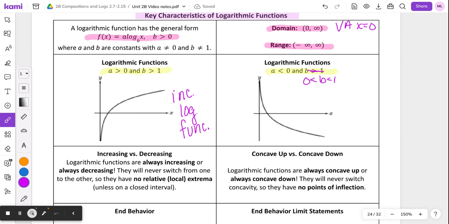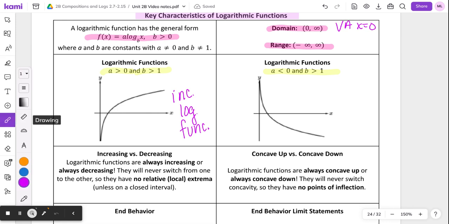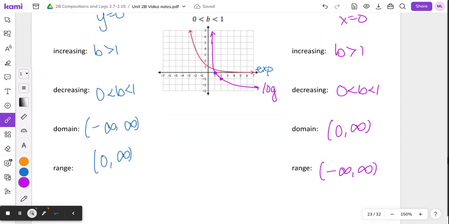If a was less than 0, that means it's a reflection, so I guess we could do either one. If a is greater than 0 and b is between 0 and 1, it would look similar to that. It would be that decreasing function like we saw back here.